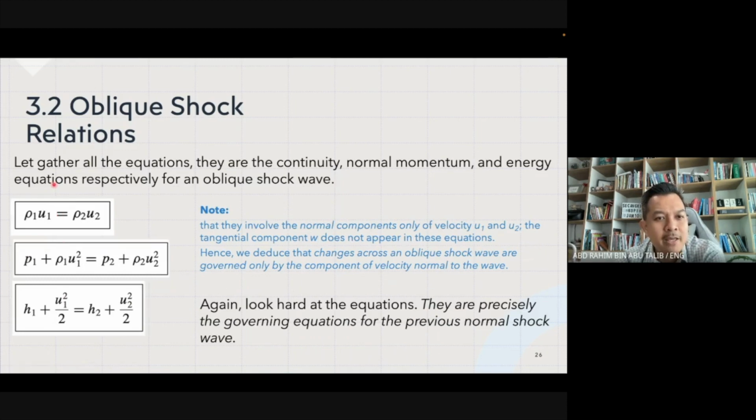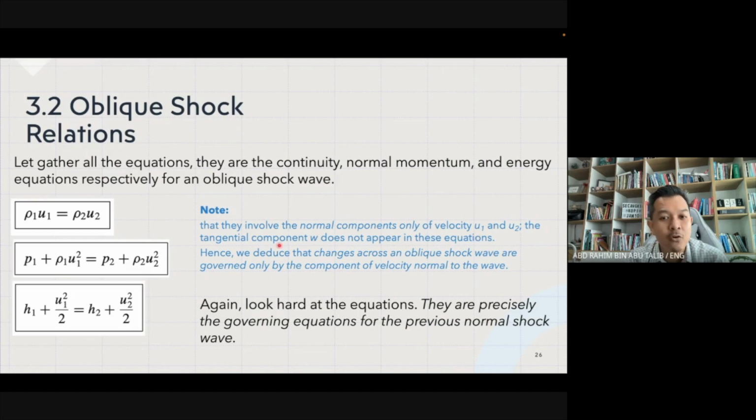So now let's gather all the equations from the continuity, momentum, as well as energy equations for an oblique shock wave. Note that they involve the normal components only of velocity, u1 and u2.